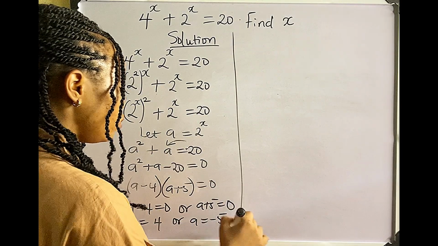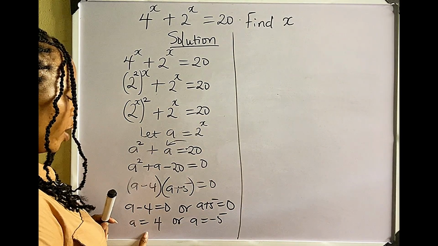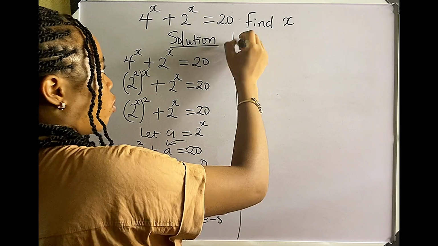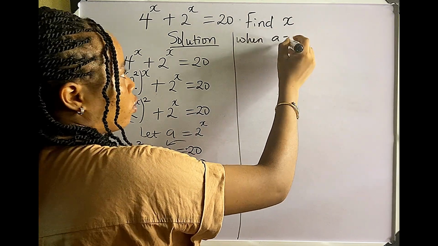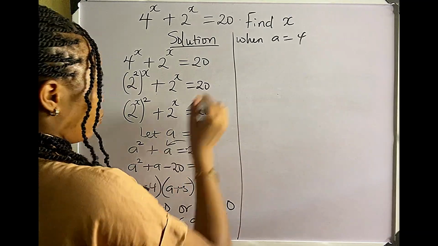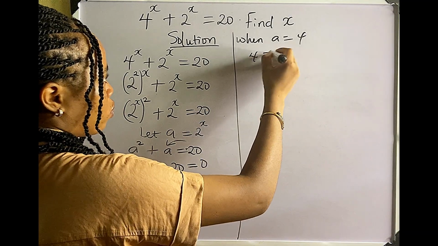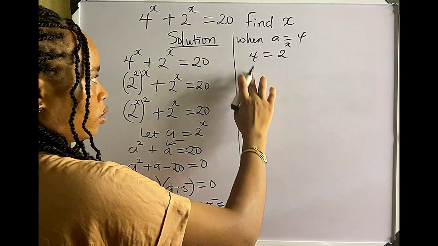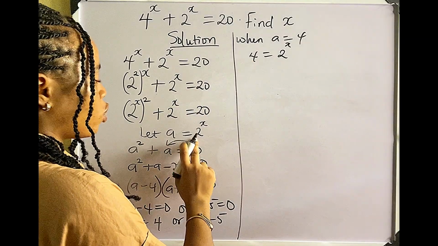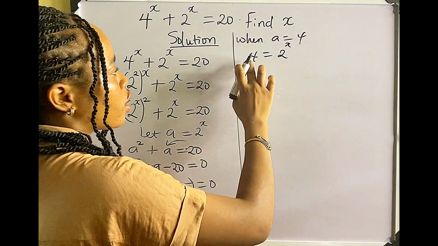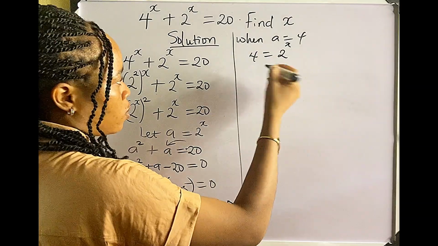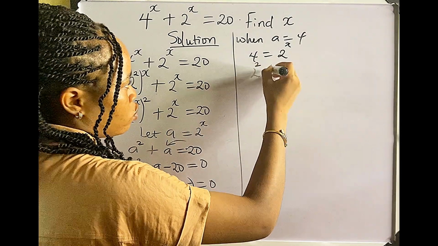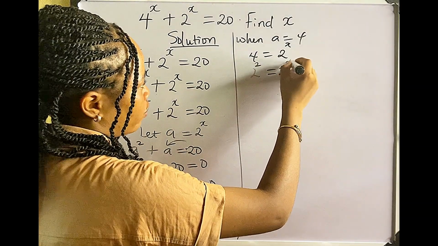Now, when a equals 4, we have 4 is equal to 2 raised to the power of x, because we said let a be equal to 2 raised to the power of x. So what is 4 as a power of 2? 4 as a power of 2 is 2 raised to the power of 2, which is equal to 2 raised to the power of x.